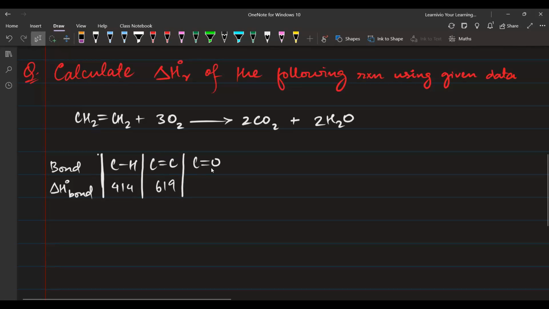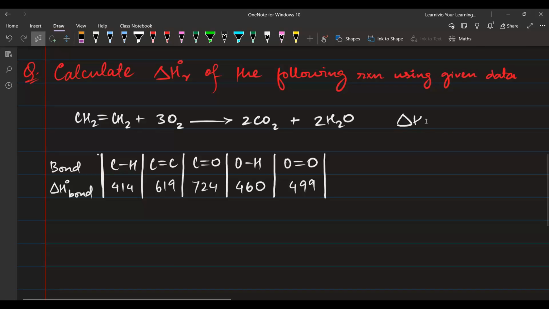For carbon double bond oxygen, the bond enthalpy is 724. For OH bond, the bond enthalpy is 460. And for O double bond O, the bond enthalpy is 499. Okay. All of these will be a positive value because energy is required in breaking the bond. अब यहाँ पे and we have to calculate the enthalpy of this reaction. And delta H naught R is being asked.